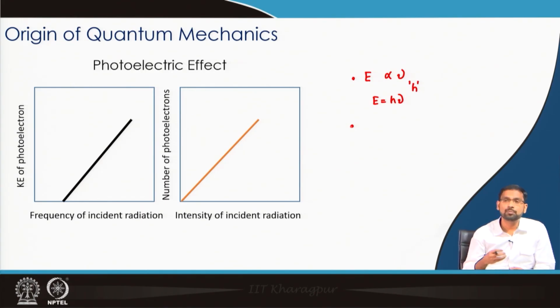Each packet can eject one photoelectron. So Einstein proposed that light, which we normally believe is a wave, is actually acting like a particle, as if one particle, the light, comes and hits another particle, the electron, on the metal surface, and the electron gets ejected.